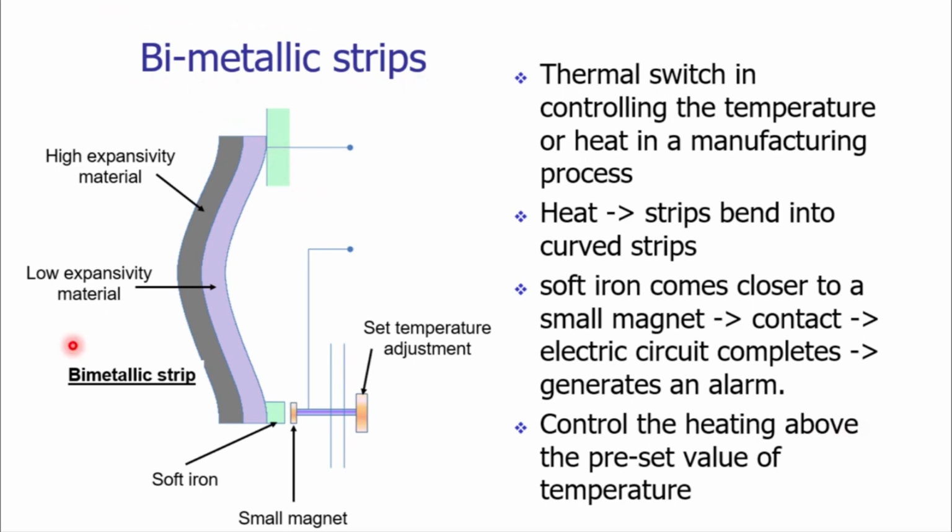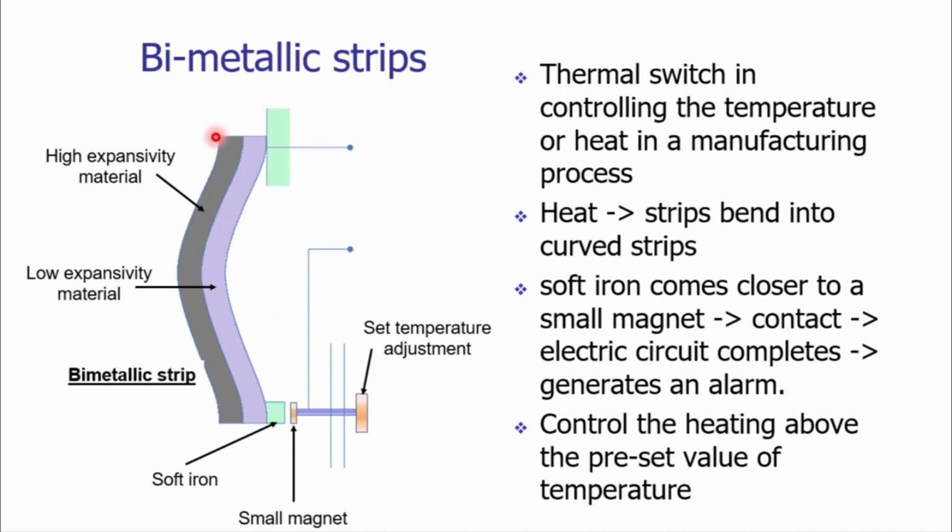The construction of a typical bimetallic strip can be seen on your screen. It has two strips, and these two strips are bonded together. So we can call it a composite strip. The top layer of the composite strip has a material with a high coefficient of expansion. On the inside we have a material with a low coefficient of expansion.